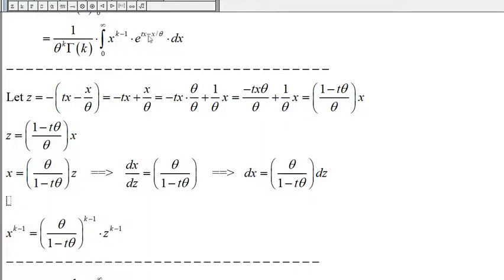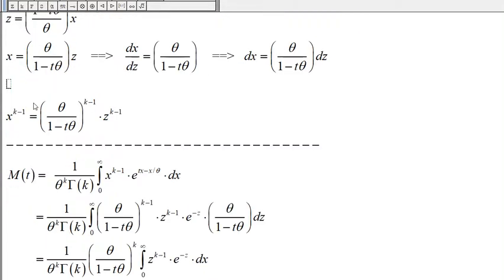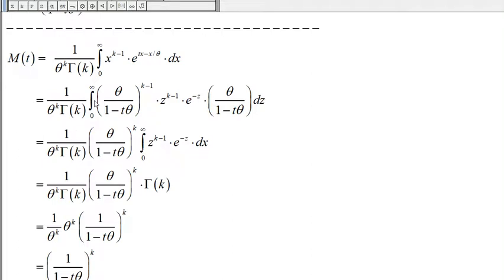Z is equal to the negative of tx minus x over theta, and so tx minus x over theta is equal to negative z. And so that's what we have right here. In the place of x to the k minus 1, we have this. In the place of tx minus x over theta, we have minus z.